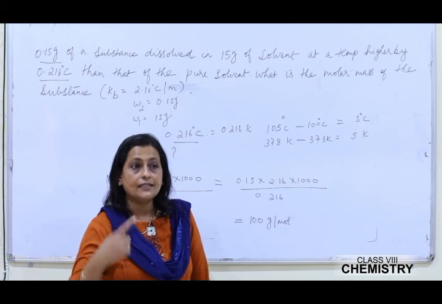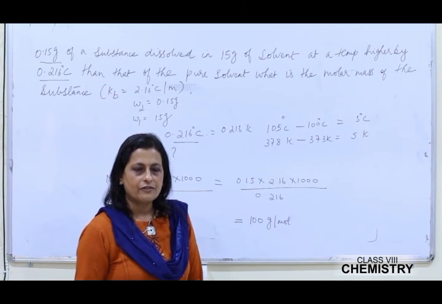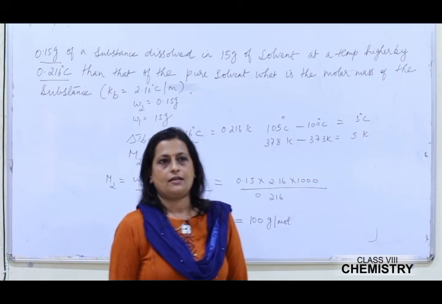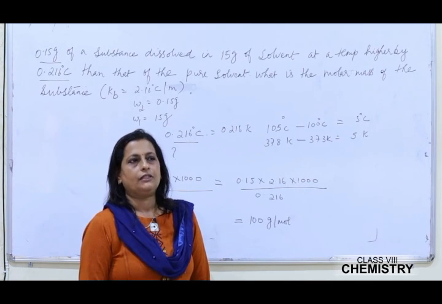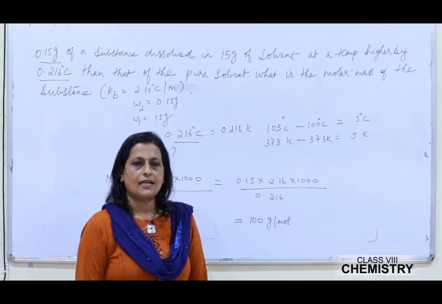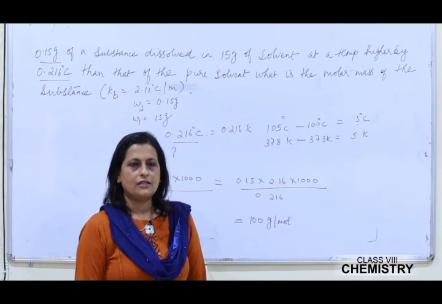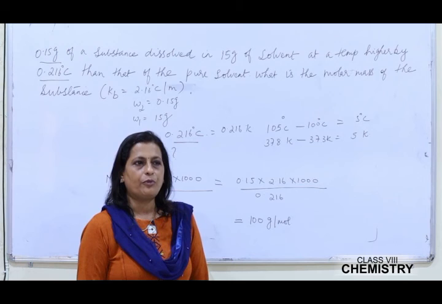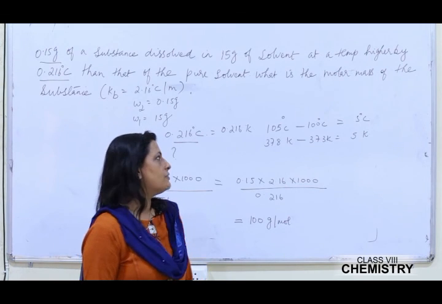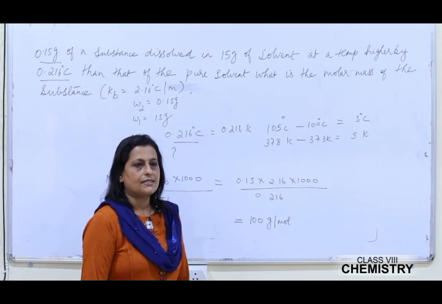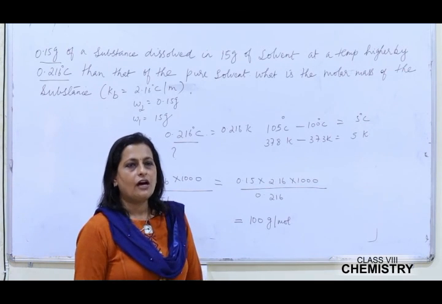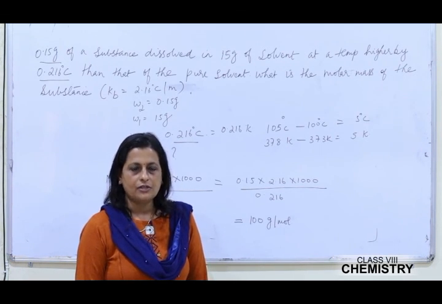So at a higher temperature only, the vapor pressure of the solution becomes equal to the atmospheric pressure. So the boiling point of solution is greater than the boiling point of solvent. So this difference in boiling point of solution and solvent is known as what? Elevation in boiling point.